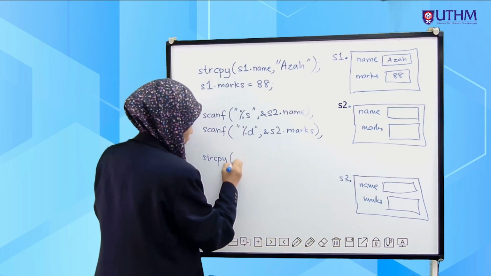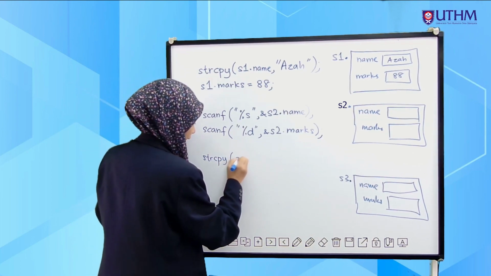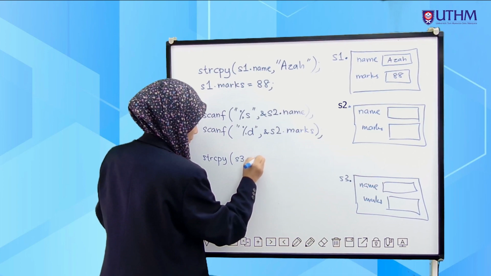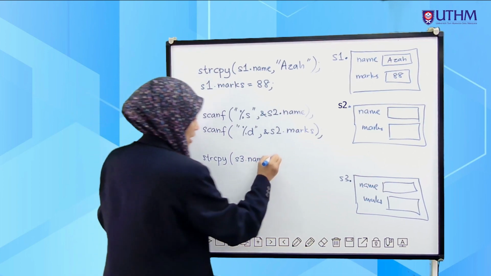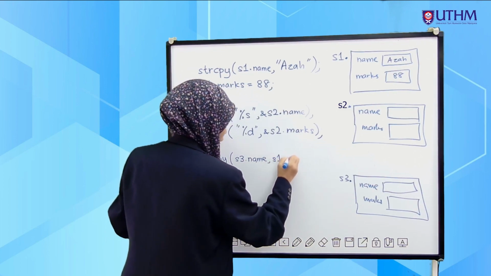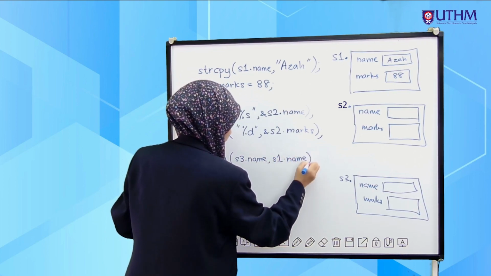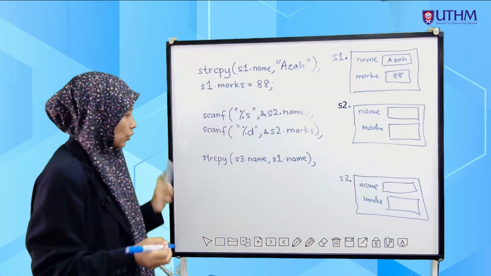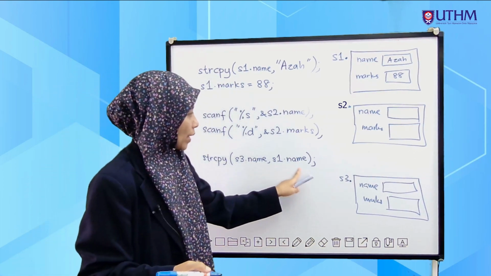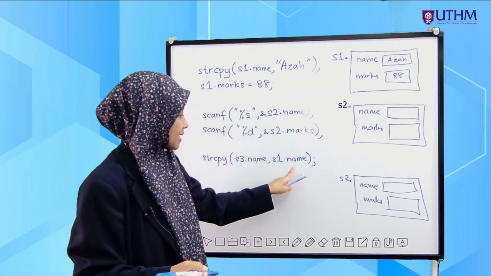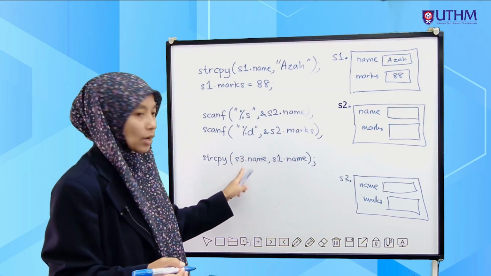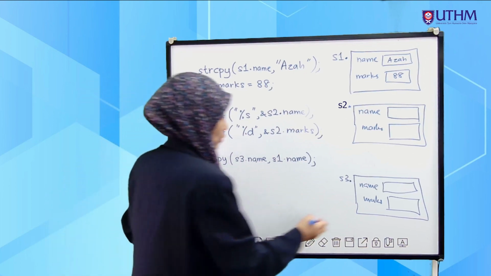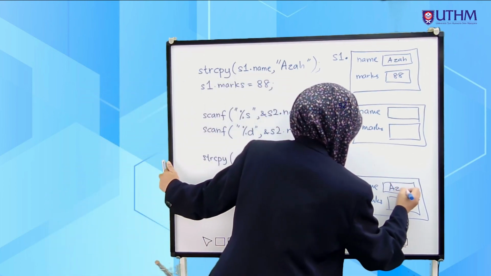Where is the destination? S3.name. Where is the source of the value? S1.name. So whatever you have in S1.name, that is Azah, will be copied to S3.name.